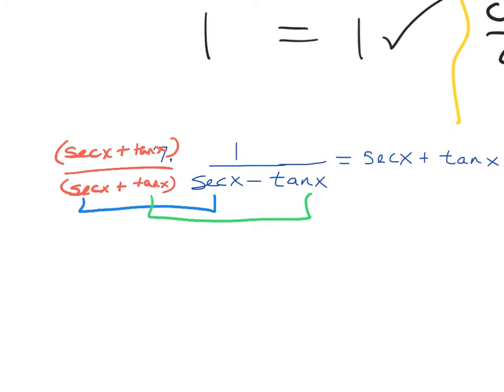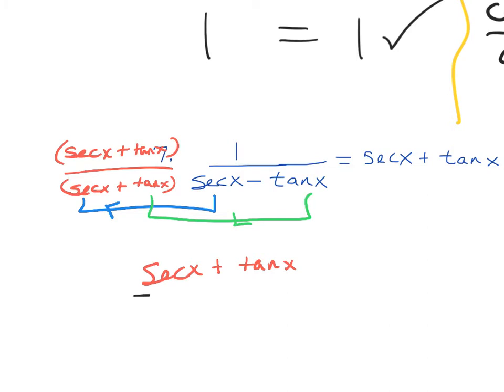So the outer and the inner always cancel when you multiply by a conjugate. So really all you need to do are the first two and the last two. For the numerator, I'm just going to multiply secant x plus tan x by 1. So my new numerator is secant x plus tangent x.